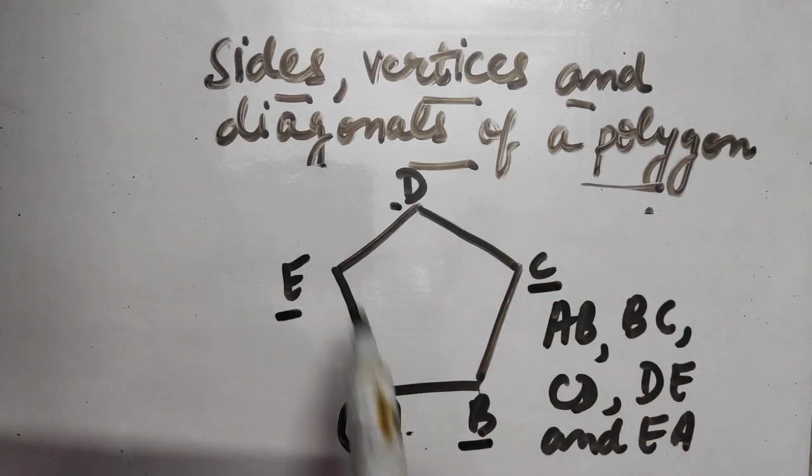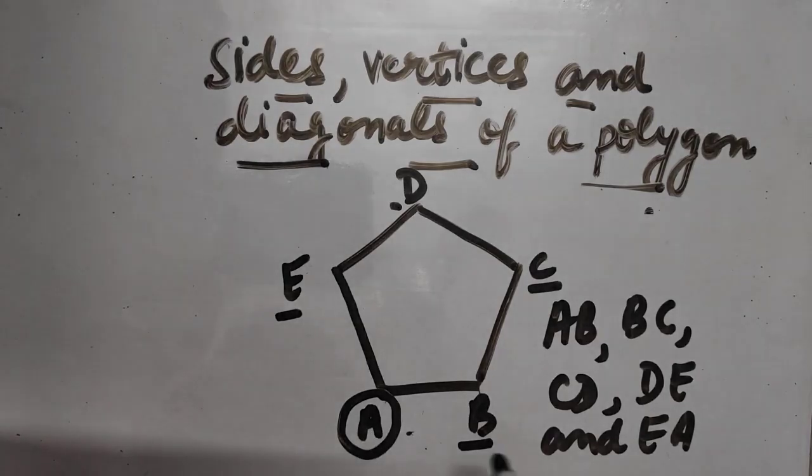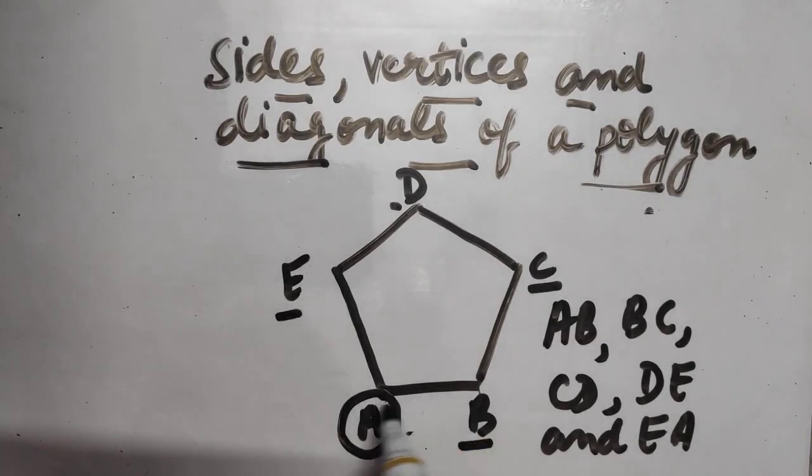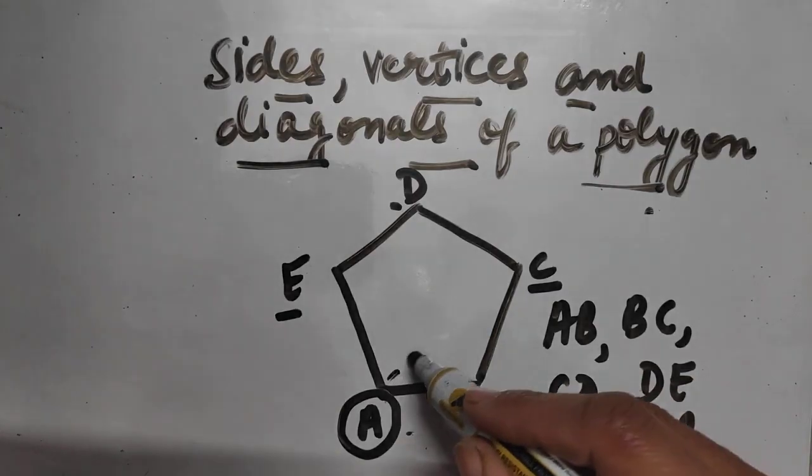Now let us talk about the diagonals. The line segments formed by joining non-adjacent vertices are called diagonals of the polygon. These are adjacent vertices. So we want the line segments formed by joining non-adjacent vertices. So that will be the diagonal. I am making the diagonals with the dotted line.